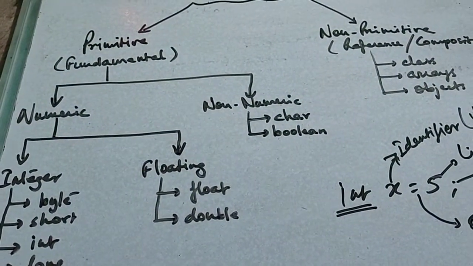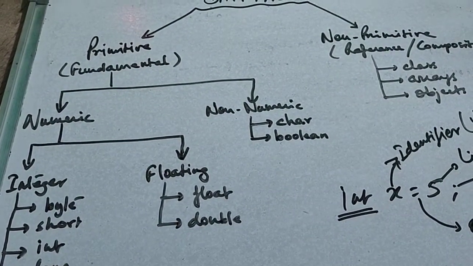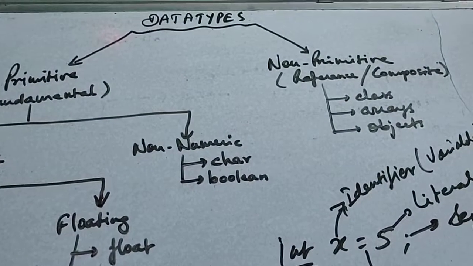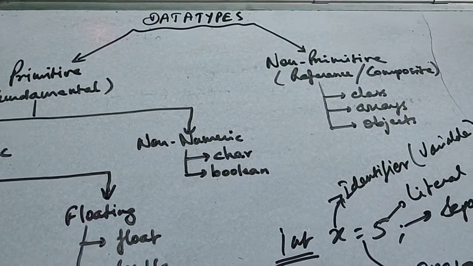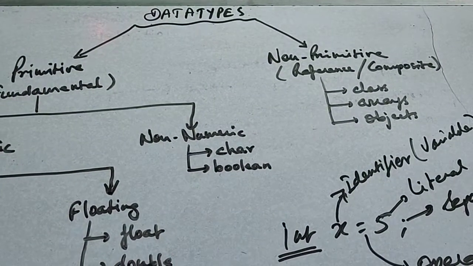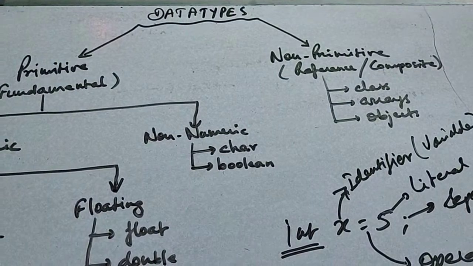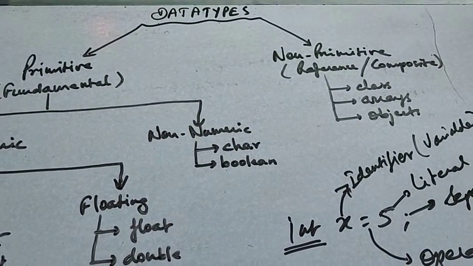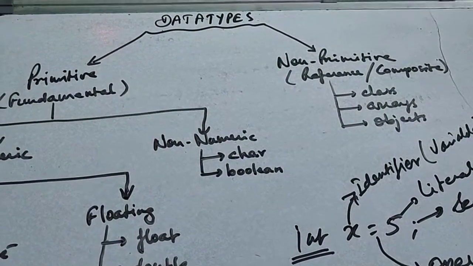So what type of value is being assigned to a memory location is signified by data types. So data types are keywords that are used to signify the type of values that are stored in a given memory location or in a variable. That is what we call a data type.